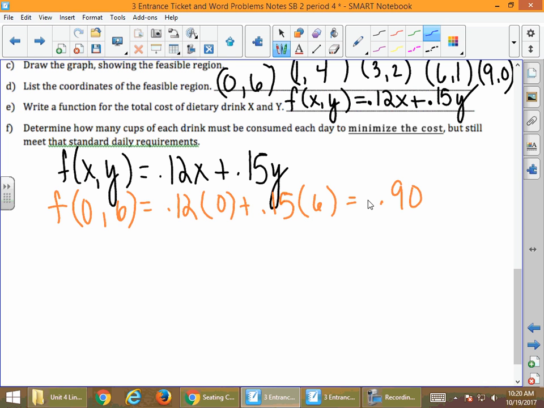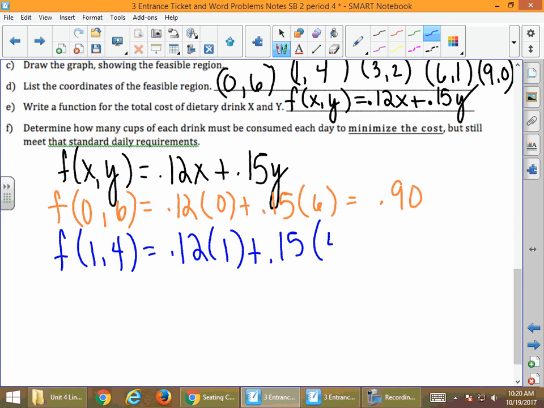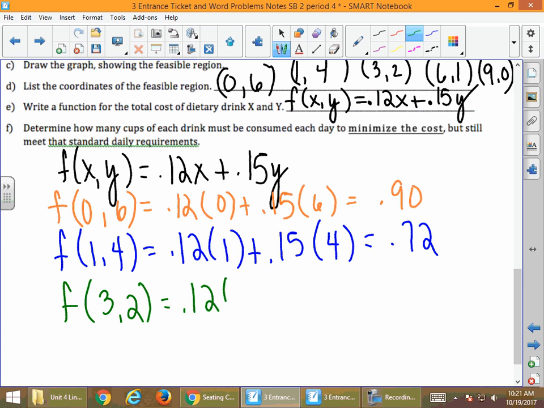Our next point is (1, 4). 1 is going to go back into our equation for x, and 4 is going to go back in for y. Typing it in gives us 0.72. Our next value: we get 0.12 times 3 plus 0.15 times 2, and we type it in.